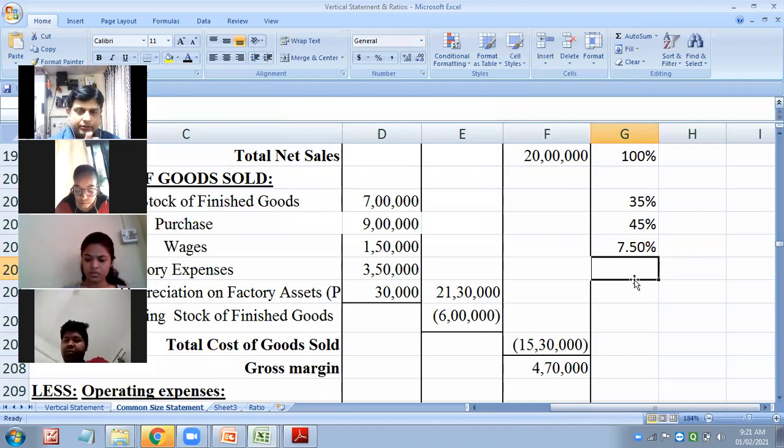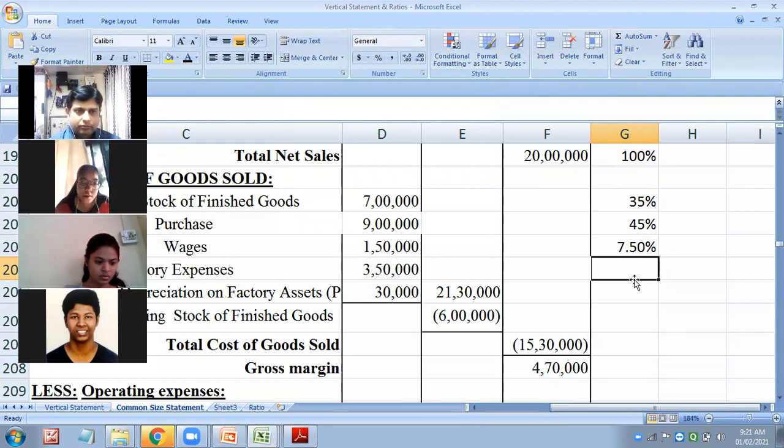Direct expenses. I hope you must have got an idea. Yes or no?